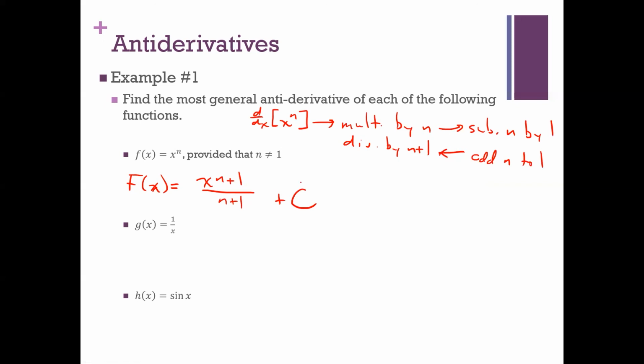Let's say we're not convinced. Can I take a derivative of this capital F thing? What's the derivative of x to the n plus 1 over n plus 1? So you've been doing power rule for a while now. We're going to multiply by that exponent, right? n plus 1.